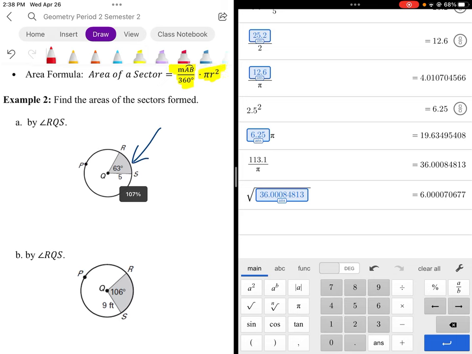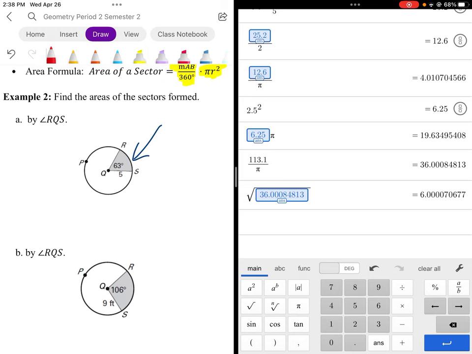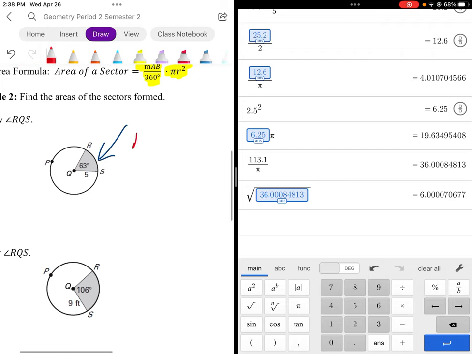So if we look at the first one, if we're finding the area of the sector that's cut off by RQS, the area is going to be equal to our central angle, 63, over 360, times our area formula, which is pi r squared.